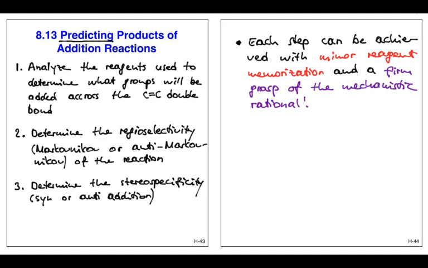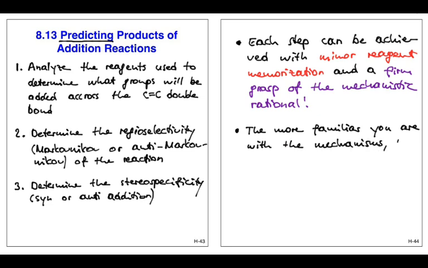Why? Because mechanisms are always very similar, and that will help you memorize what's going on. The more familiar you are with these mechanisms and how they fit together, the easier it will become to predict products of reactions.